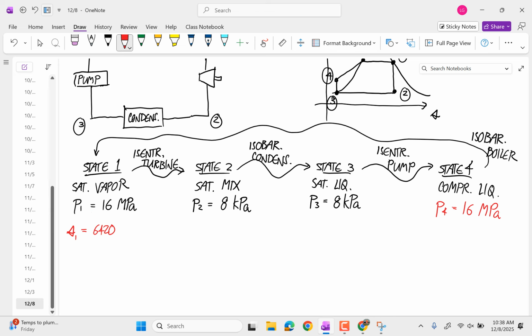And so now we can use that to say that S2 is 6420. And now we can calculate that quality.